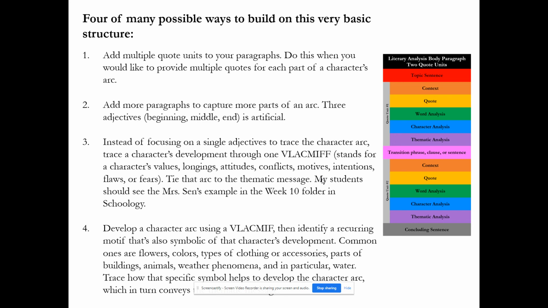So a fourth thing you could do to develop this model even more, would be to not only do step 3, that is develop a character arc based on a VLACMIF, but also identify a recurring symbolic motif. That's a thing that shows up over and over in the story and also has an additional meaning. Common symbolic motifs in different novels might be flowers, colors, so all kinds of colors, red, blue, yellow, green, any color, types of clothing or accessories.